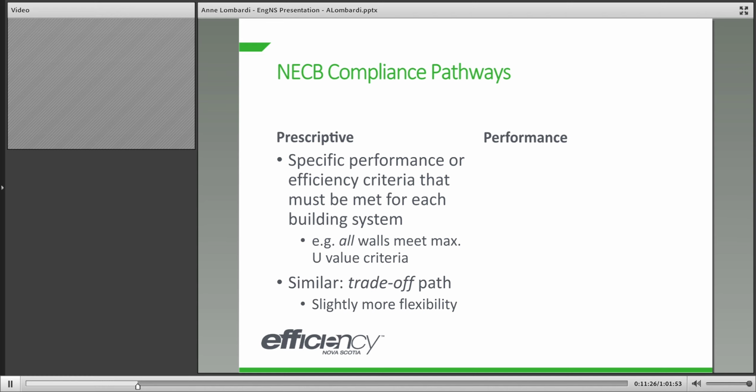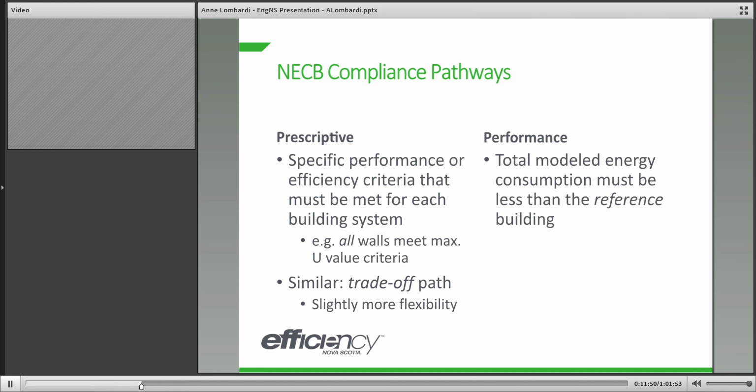And similar to this path, or related to that path, there's a trade-off path. So say if you have one wall that doesn't meet, but one wall that does, or that's over the requirements, then you can use a trade-off, which is just slightly more flexible than the prescriptive path, but it's still a rather prescriptive or defined option.